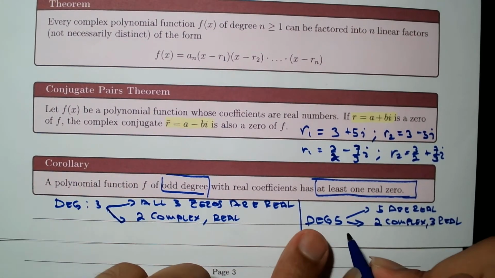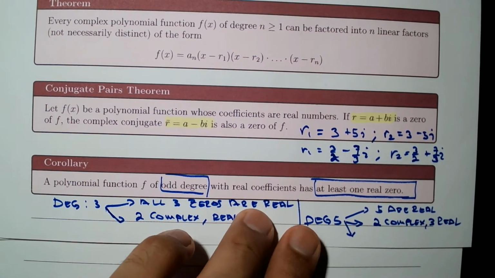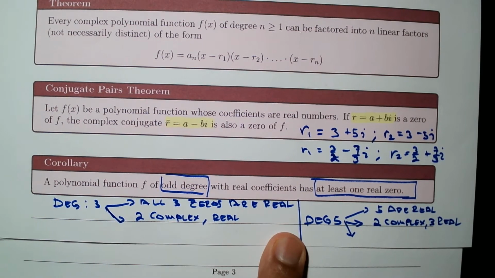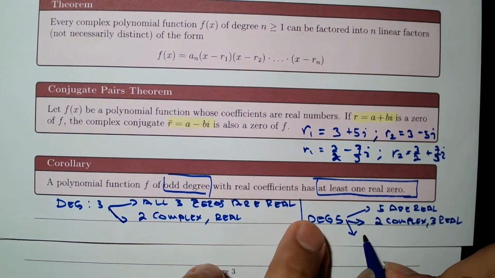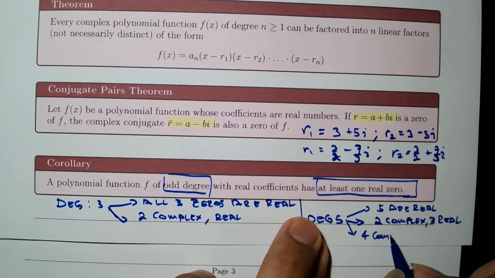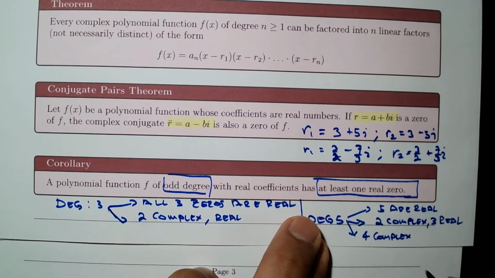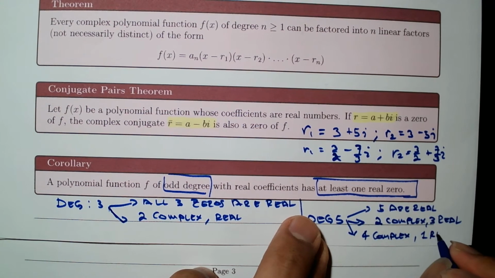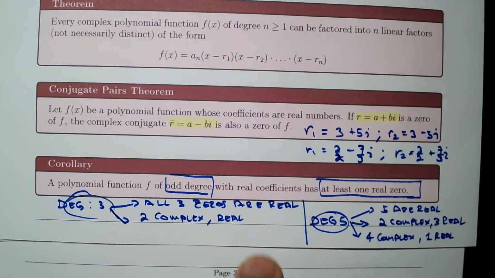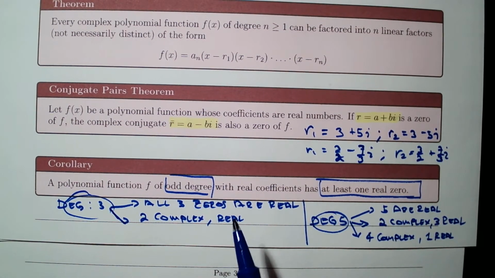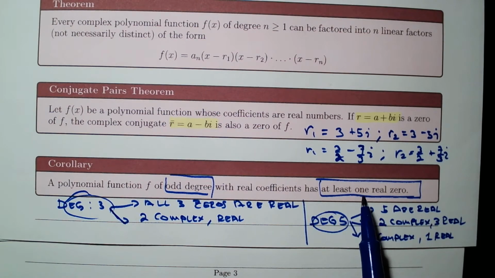And the third case scenario for a 5th degree polynomial, because we're looking at odd degrees, maybe we can have 4 of them complex and 1 real. In either case, degree 5, degree 3, all case scenarios have at least 1 real zero.